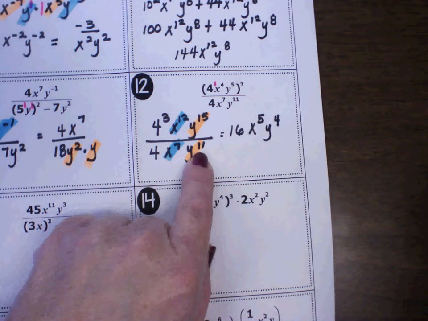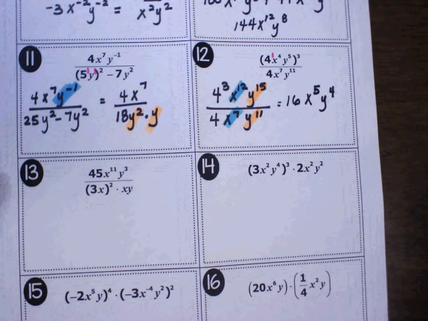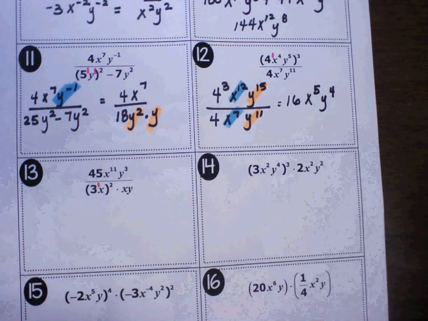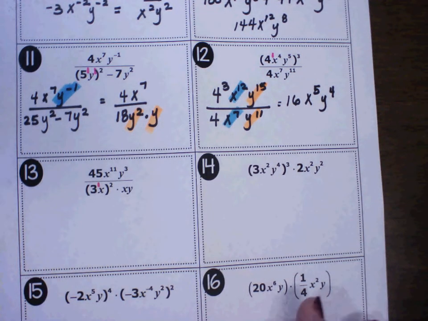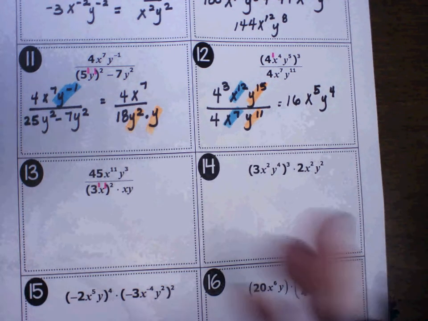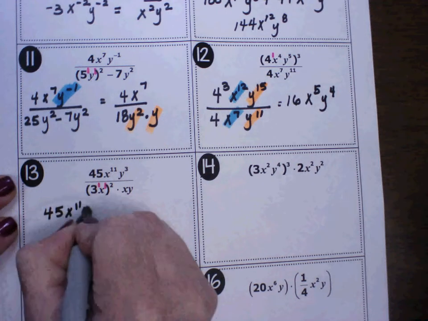Did I do it right? Yeah. Okay. I heard somebody saying, why 4? Oh, there's another one over here. All right, I'm going to do the top. You cannot do anything right now, so keep it like it is.